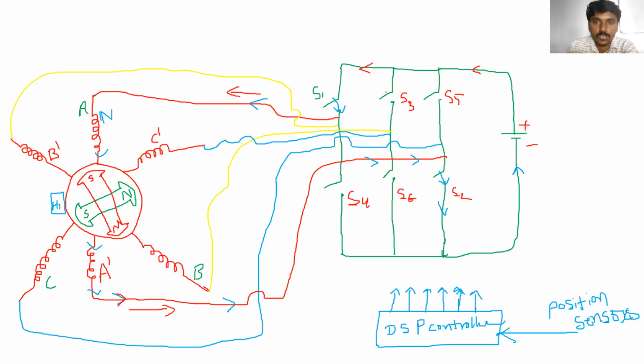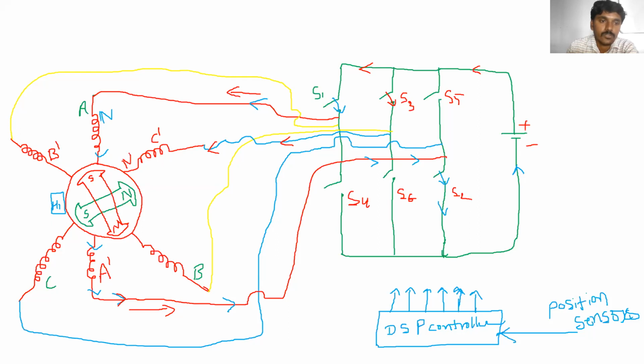S3 should be closed. Whenever S3 is closed, the DSP controller generates the signals for S3, and the current flows through this coil, and it will become a north pole.